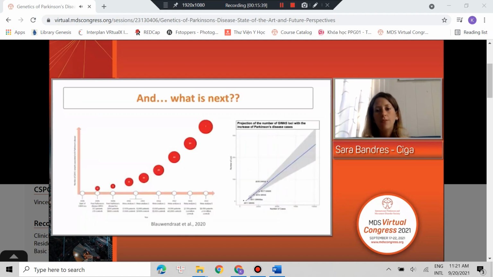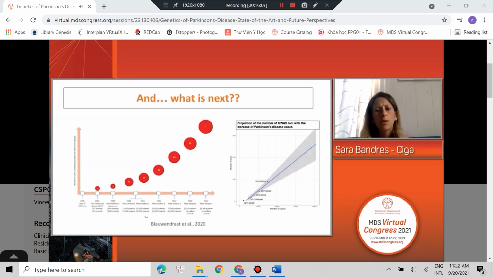And so after all, what is next, right? So, well, this slide illustrates how the number of cases has tremendously increased with time as more groups and more samples have been collected, and how important collaboration is to make scientific progress, right? And this, as you see in this image, is an estimation of the projection of the number of GWAS loci with the increase in Parkinson's disease cases.